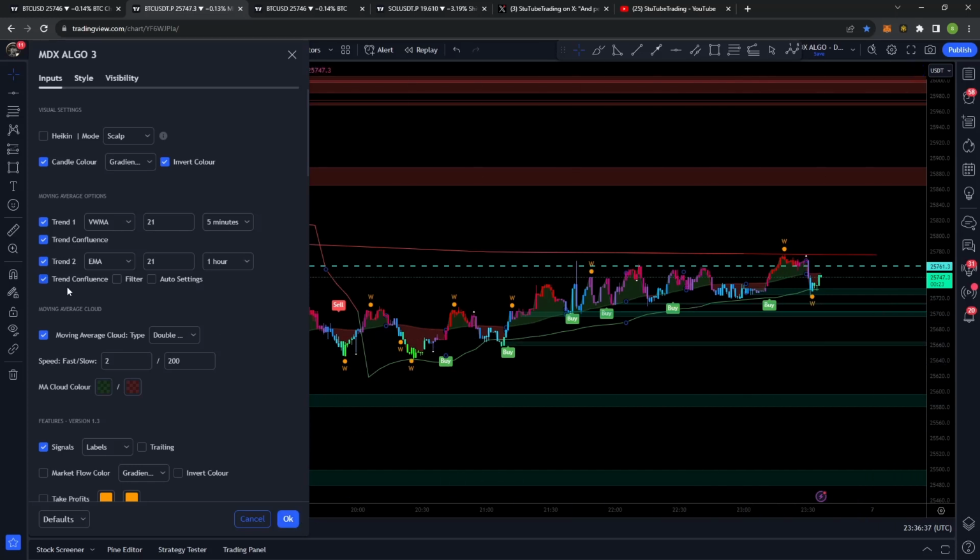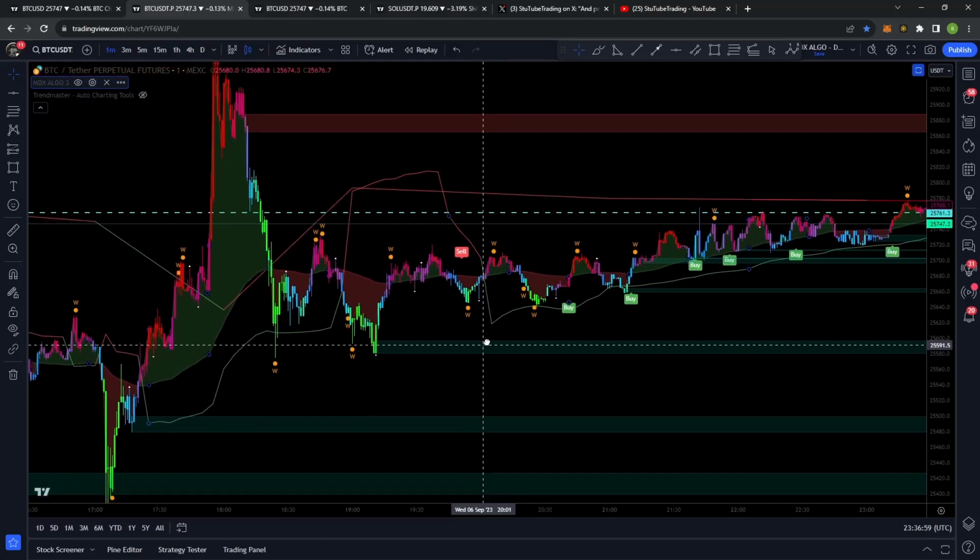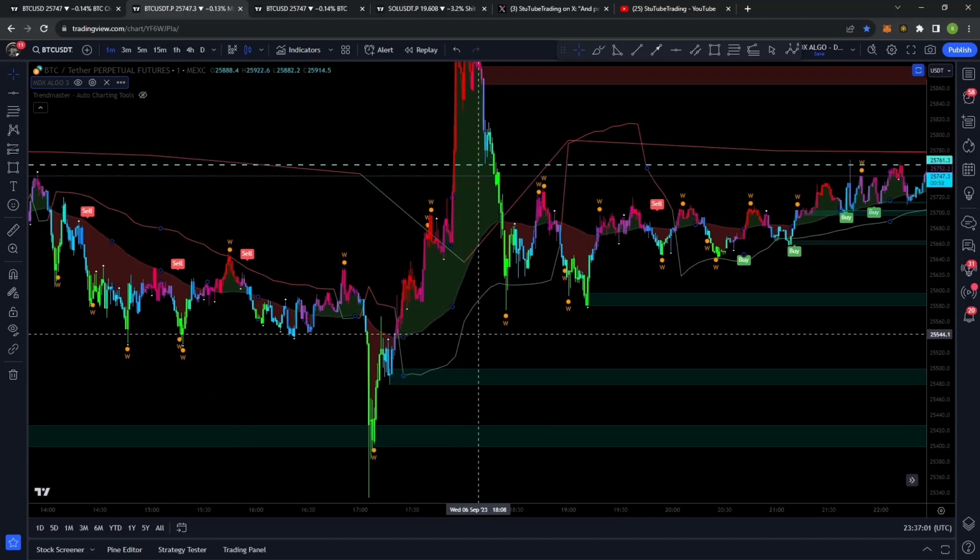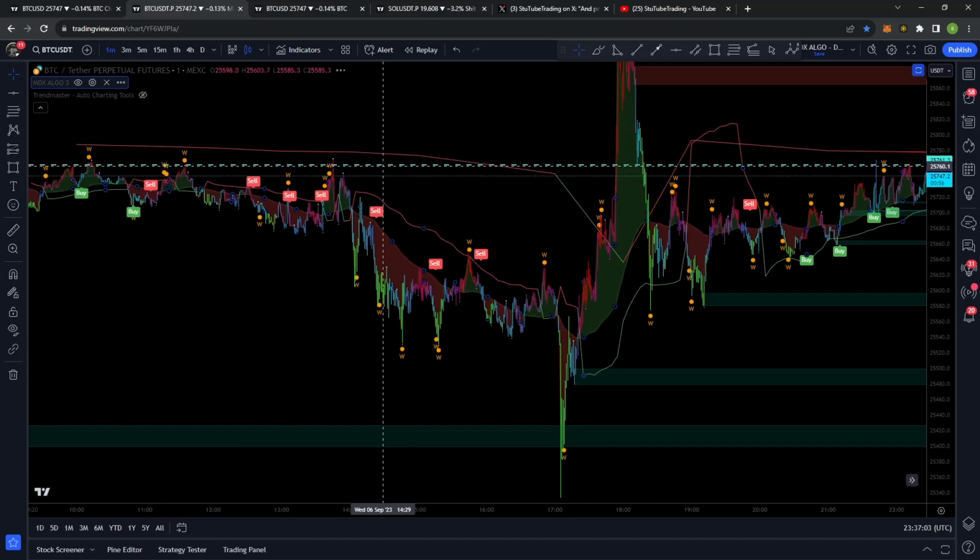Basically, if you have trend confluence checked, then it's only going to show you the signals of that trend, right? So we're obviously not getting the sell signals anymore as we're above the 5 minute trend here. Same thing with the second trend, which would be my 1 hour trend. You're only going to get the sell signals when we're below the 1 hour trend.